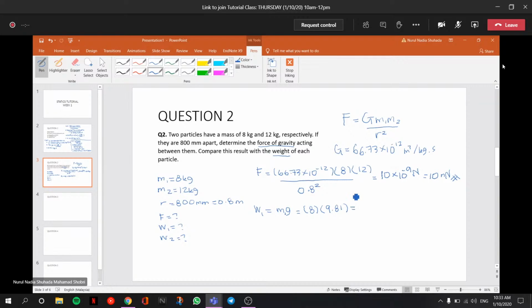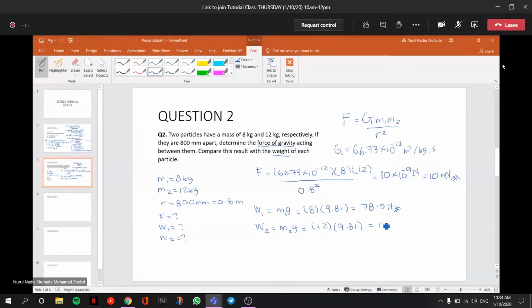That would give the answer 78.5 newton. For weight 2, for mass 2, 12 kg times 9.81, the weight for mass number 2 would be 118 newton.